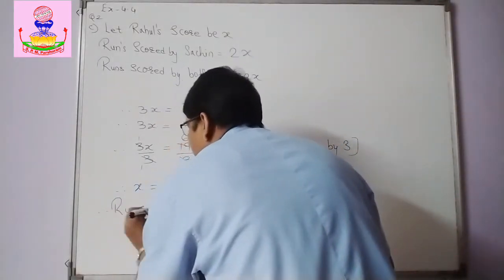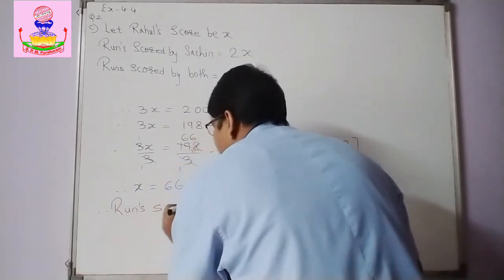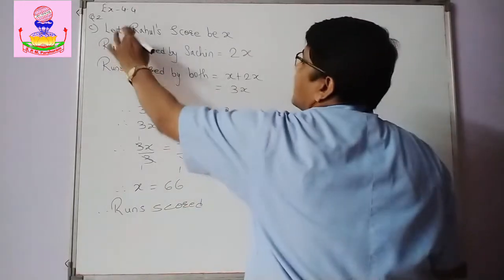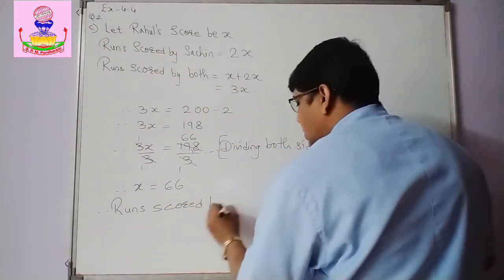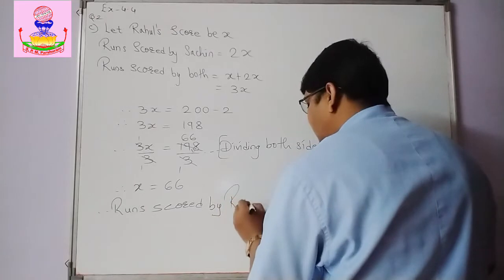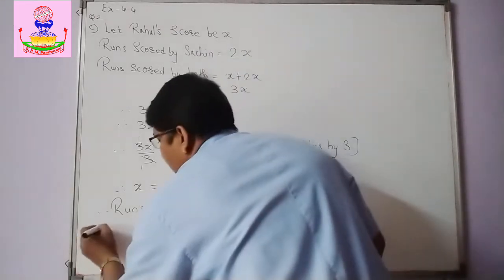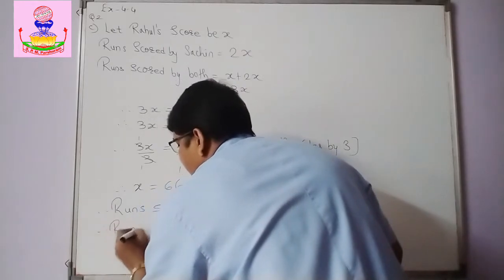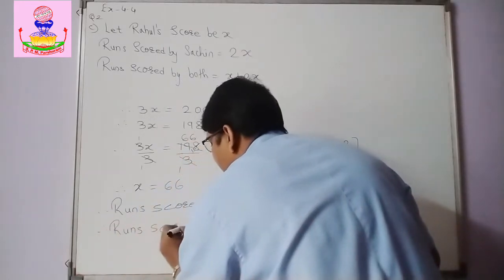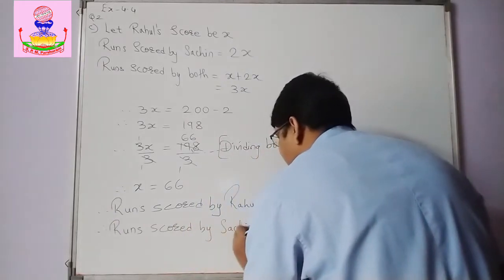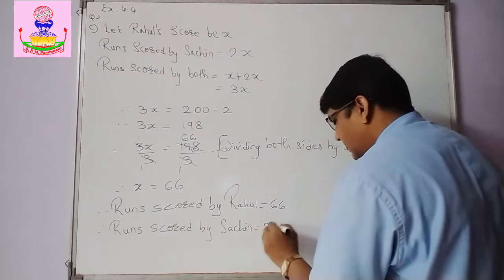Runs scored by Rahul is equal to 66. Therefore runs scored by Sachin, that is 2x.